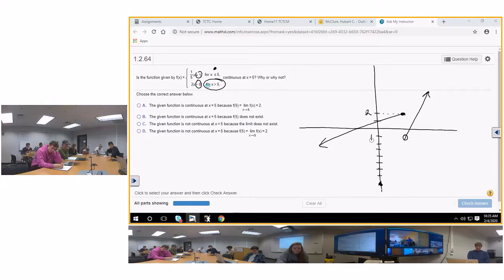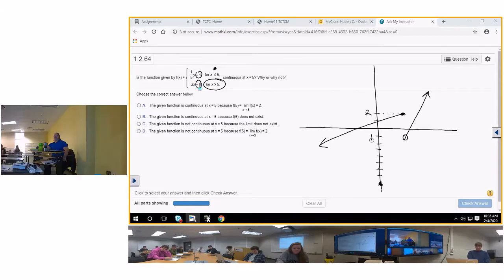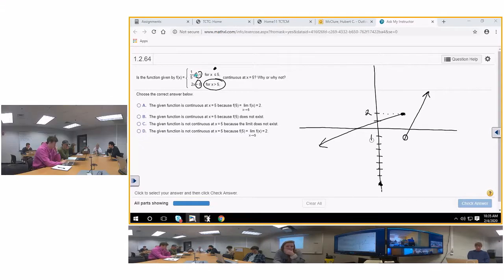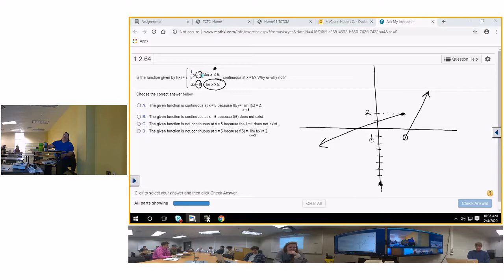I must have drawn it wrong, because they both equal the same. If you plug in 5, what's 5 over 5? 1 plus 1 is 2. What's 2 times 5 minus 8? 2. So it should be A. I must have drawn it wrong.